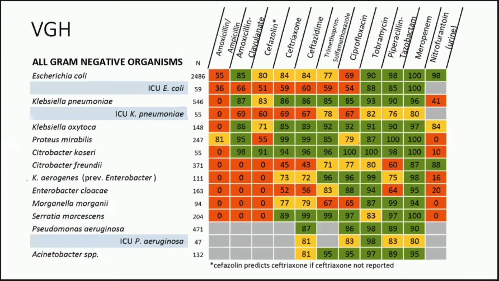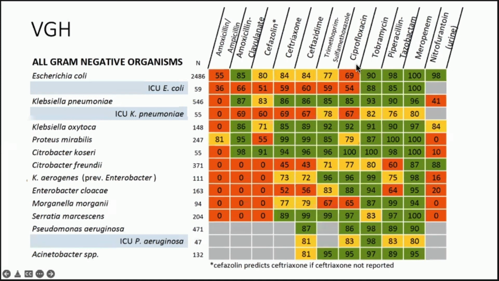So just briefly reviewing some of our antibiograms here at Vancouver General Hospital, we see that when it comes to E. coli, there's only 55% susceptibility to ampicillin and amoxicillin, and we are seeing a growing resistance when it comes to cefazolin, ceftriaxone, ceftazidime, and Septra, which have a moderate amount of resistance.